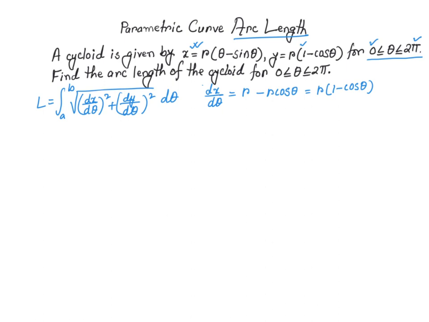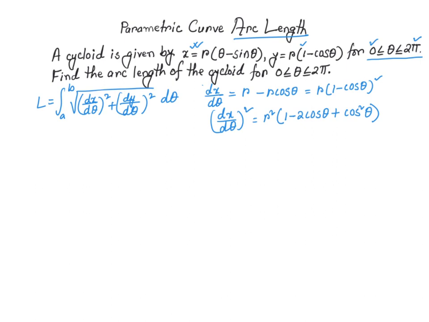So I need to square dx over d theta. If I square it, I'm going to have to square this. That's going to give me r square times 1 minus 2 cosine of theta plus cosine square of theta. I just use the formula a plus b whole square.